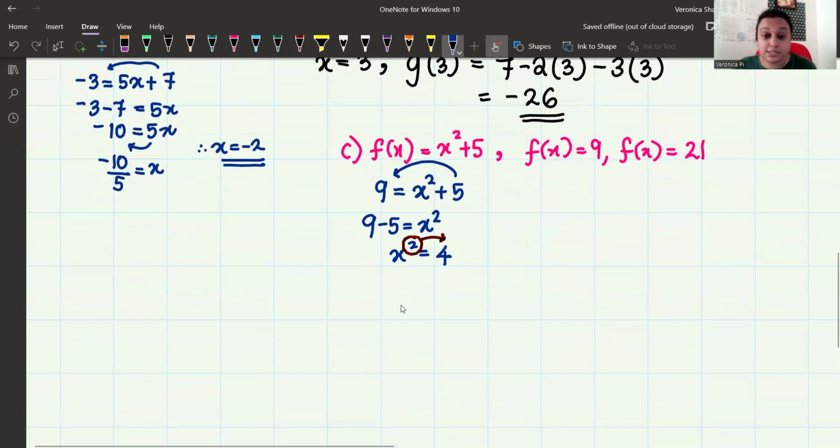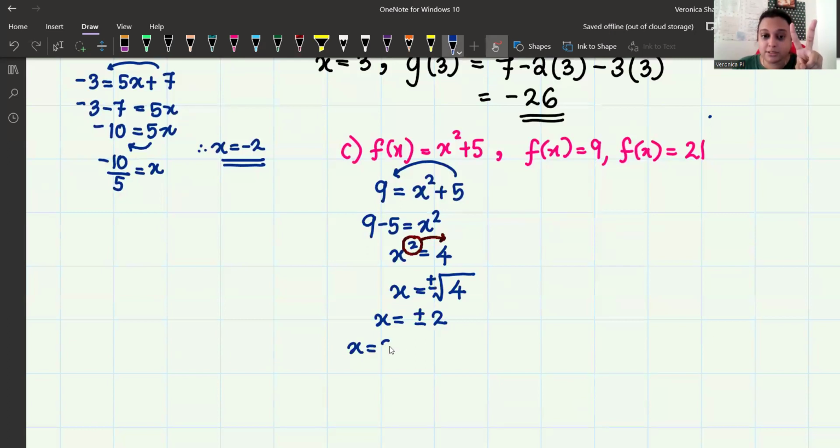So when teacher moves the power of 2 to the back, it will become square root, correct? When you do square root, you must put plus and minus. So you will actually get 2 answers here. Positive 2, and the other one, negative 2. So you got 2 images, 2 objects.